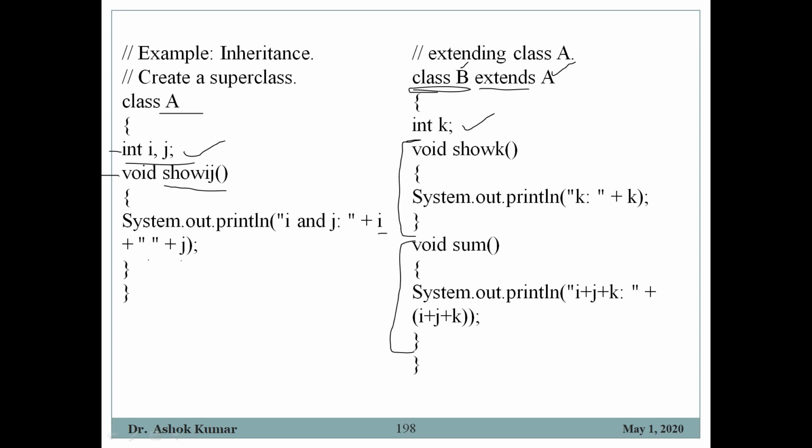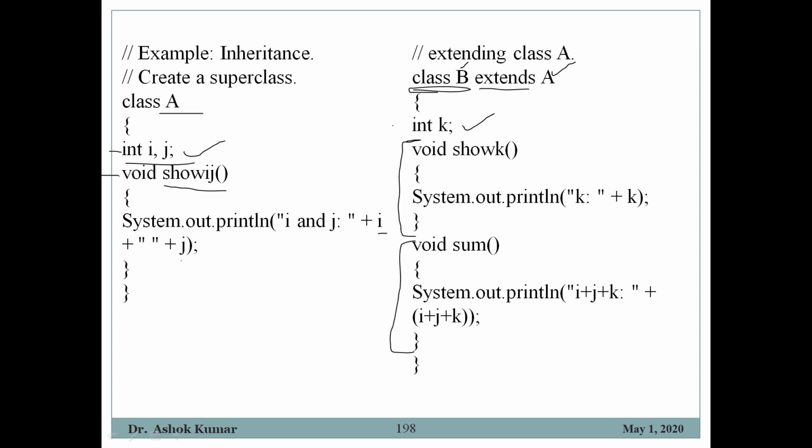If you inherit a class, the members of the superclass are inherited into the subclass if the members have default access or public access. So after the inheritance, these two members i and j will be inherited into class B.